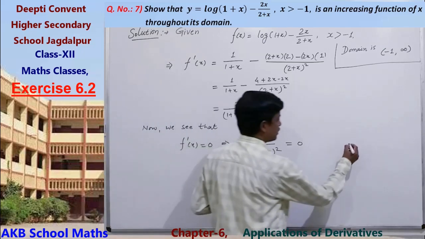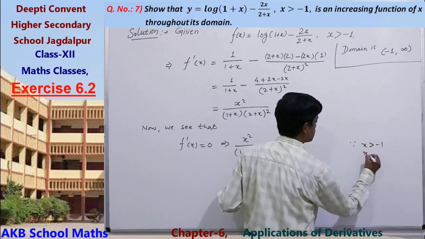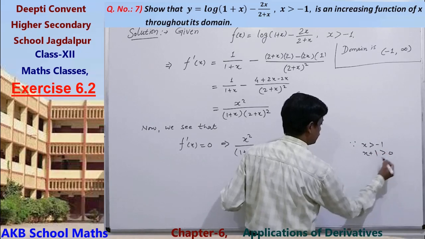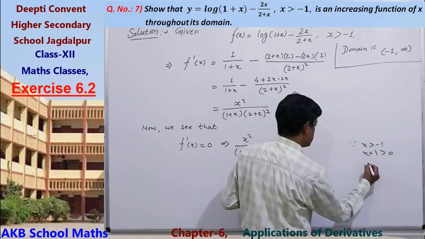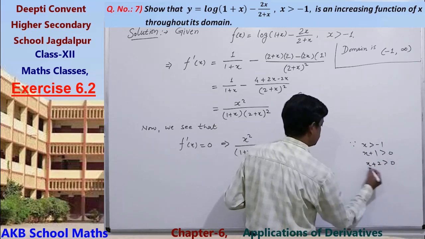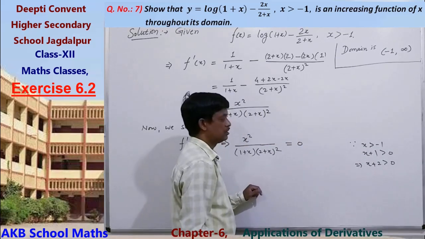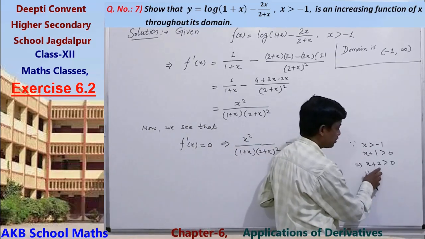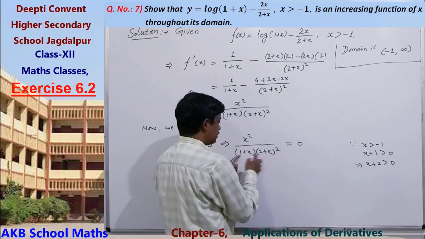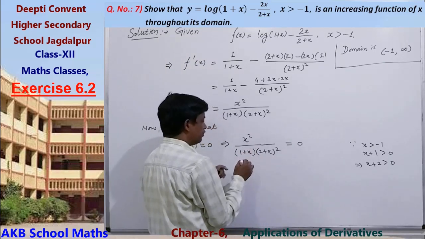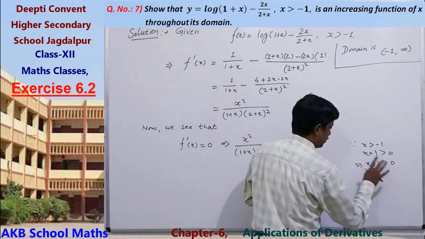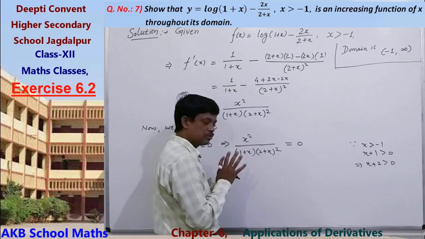Here, since x is greater than minus 1, x plus 1 is greater than 0. Also x plus 2 is greater than 0. That's why this quantity is greater than 0, so these two quantities are not equal to 0.